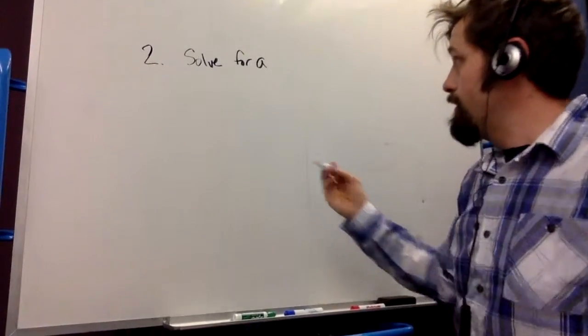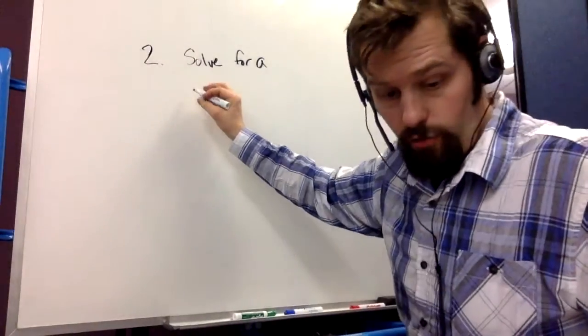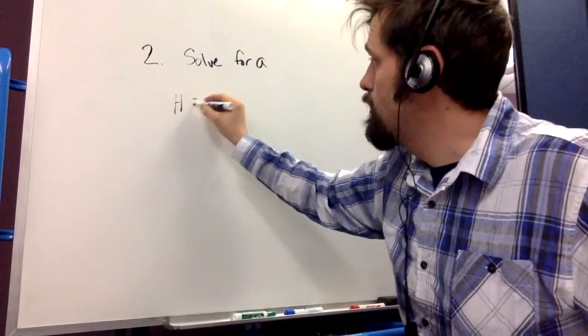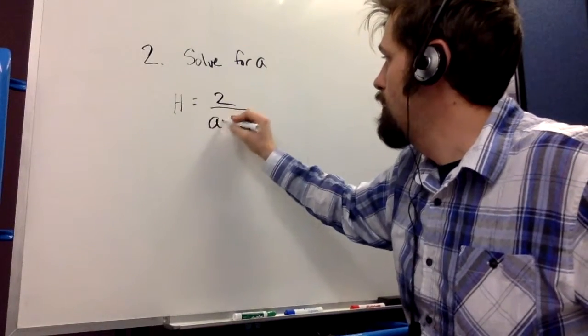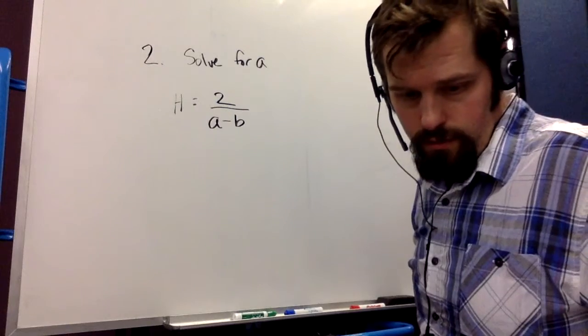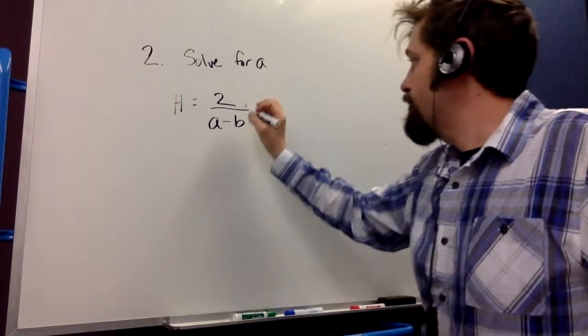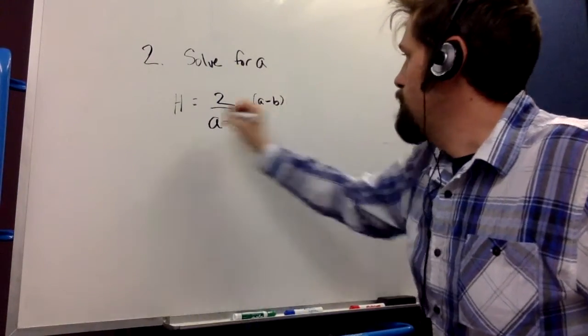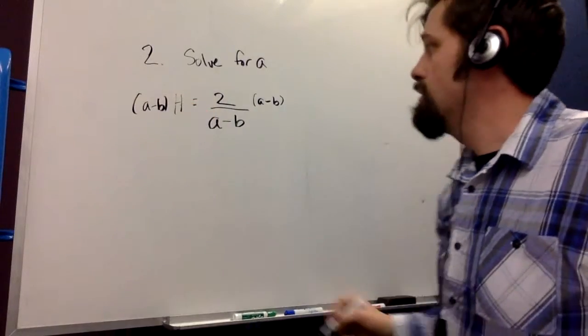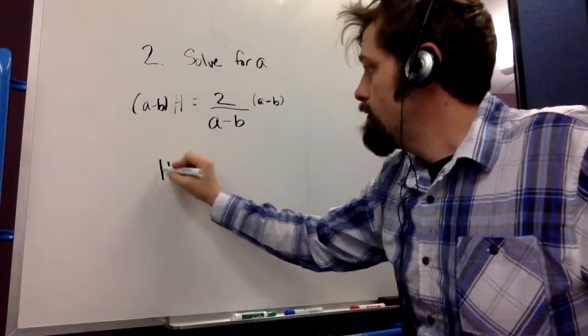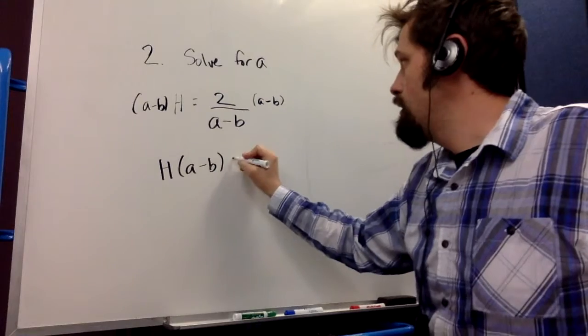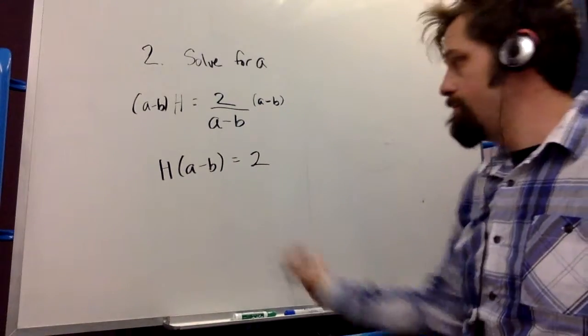Let's say you wanted to solve it a different way. Well, here's the equation. So let's again multiply both sides by a minus b. What if you just left it this way?